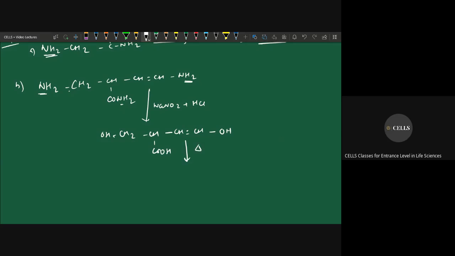Now if you heat it, what will happen? See, this is the functional group, and we know that in the functional group, acids come first. It is the first priority, then alcohol comes later. So this is the alpha carbon and this is the beta carbon, and in the beta carbon there is an unsaturation, so there will be a decarboxylation.